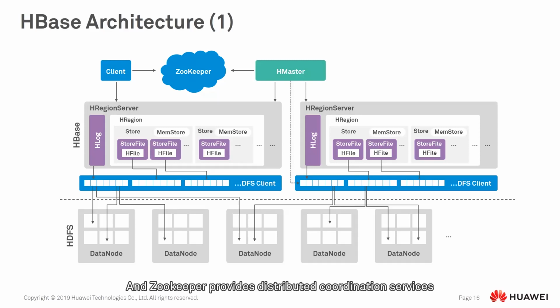And Zookeeper provides distributed coordination services for processes in HBase cluster. Each region server is registered with Zookeeper so that the active HMaster can obtain the health status of each region server. HDFS provides highly reliable file storage services for HBase. Almost all HBase data is stored in HDFS.